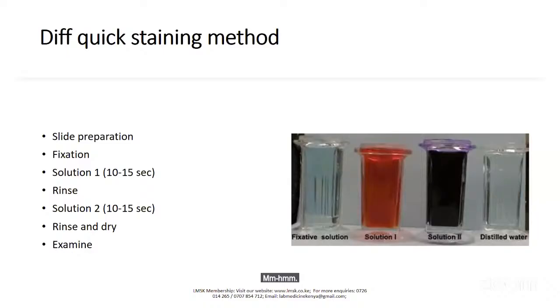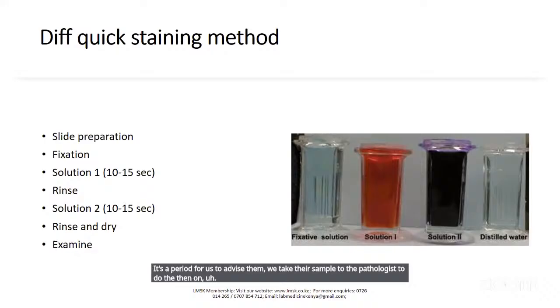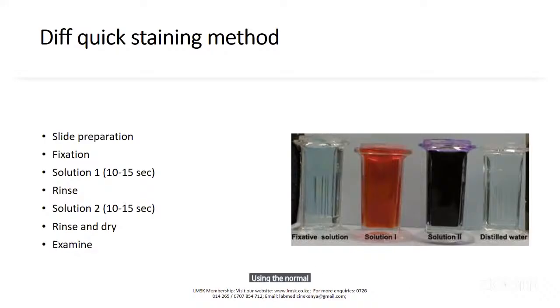TB PCR. Yes. So in case a doctor requests for a tissue analysis for GeneXpert, it's appropriate for us to advise them TB PCR. We take the sample to the pathologist to do the Ziehl-Neelsen using the normal histology analysis.